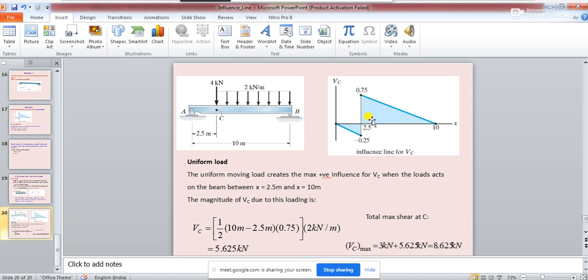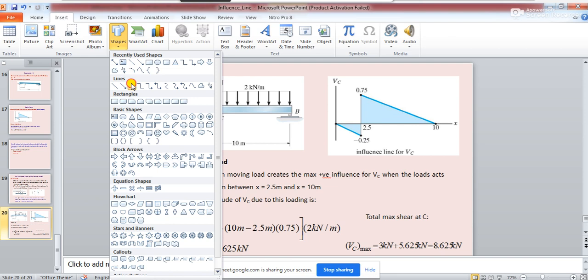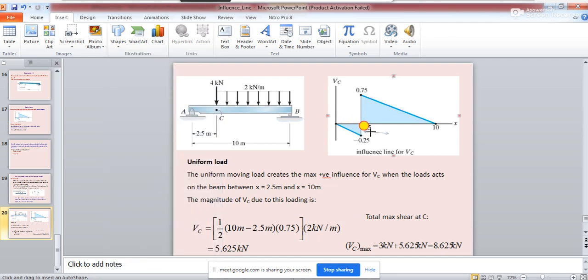How much will be the area of this diagram? From here to here the length is 7.5 meter, so basically from here to here it is 10 minus 2.5 meter, and this is a triangle, so it is half of the base into the height.